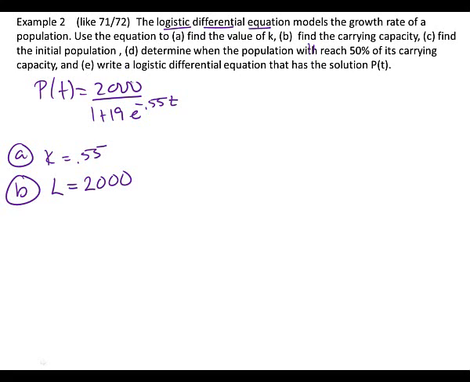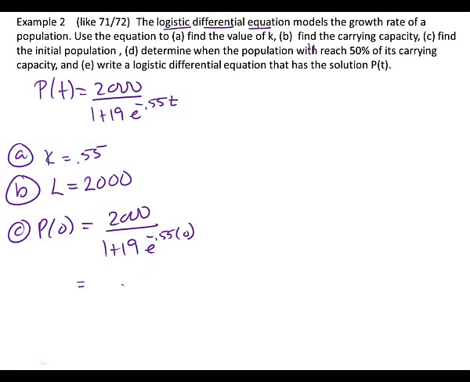Now it says find the initial population. What would the time have been? 0. So we're going to put a 0 into that function. P of 0 equals 2000 over 1 plus 19e to the negative 0.55 times 0. Negative 0.55 times 0 is 0.